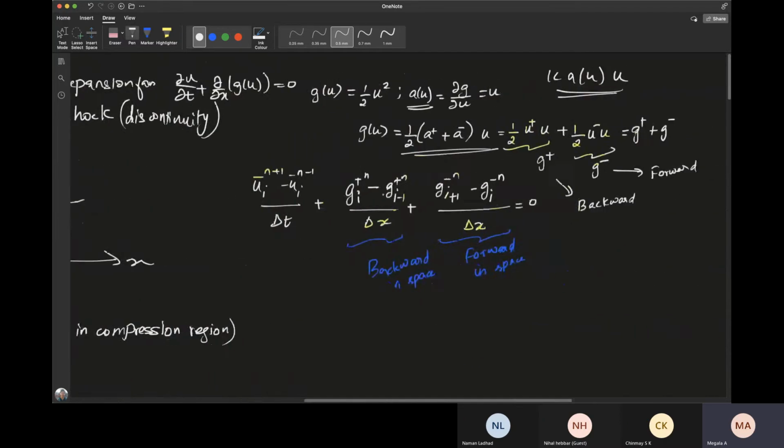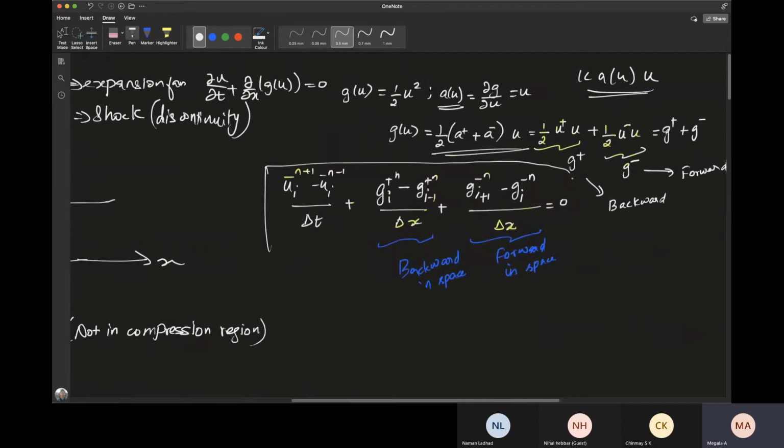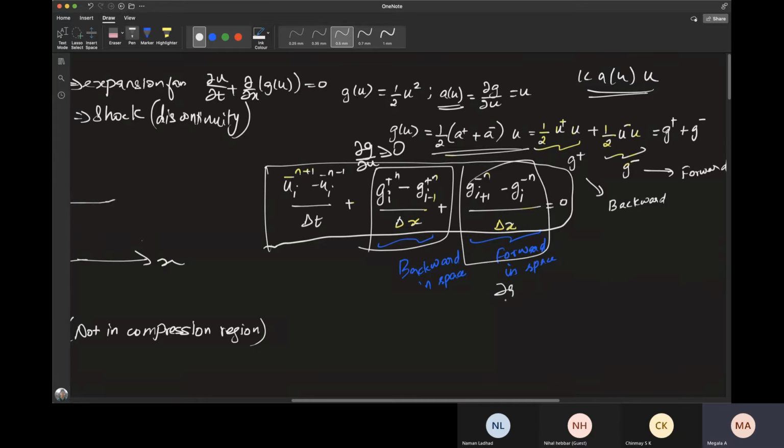We already had this equation, right? Whenever dou g by dou u is positive, only this part of the equation will be valid. This part will be 0 when dou g by dou u is greater than 0, and only the other will be considered. Similarly, when dou g by dou u is less than 0, this part will be 0, and this will have some value.